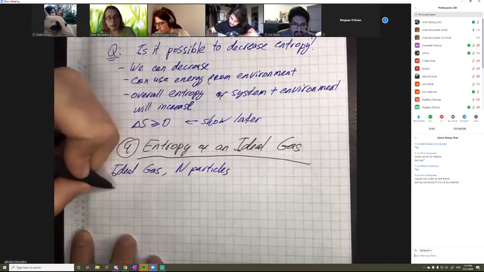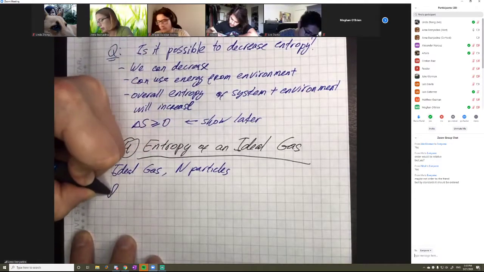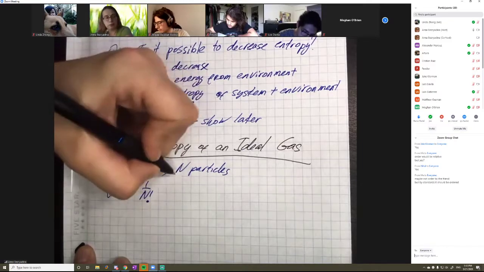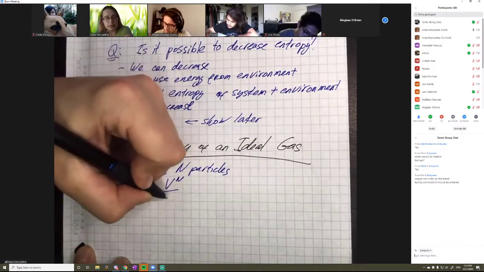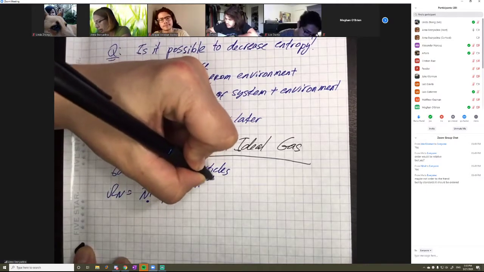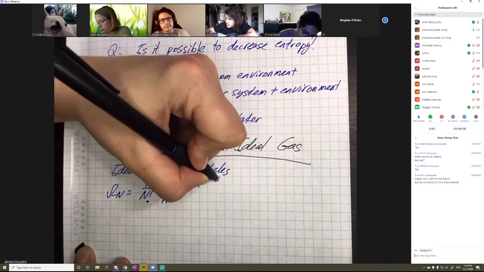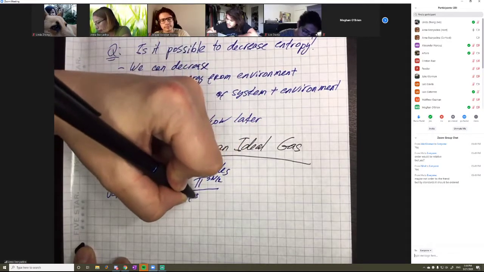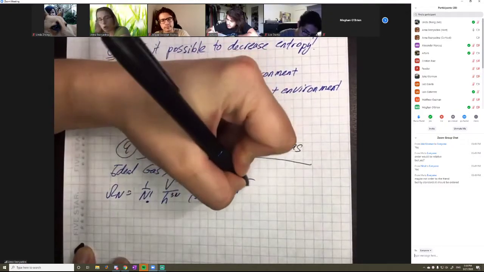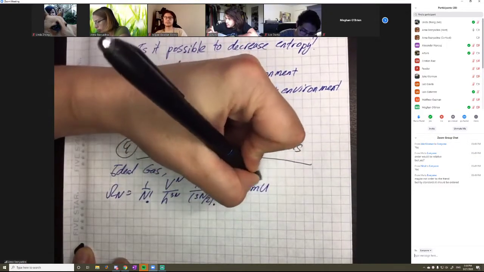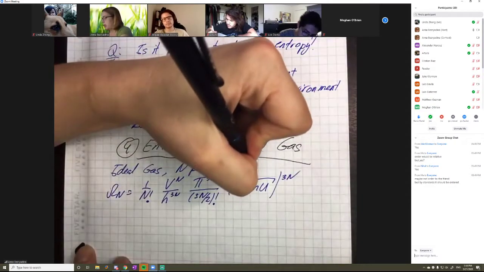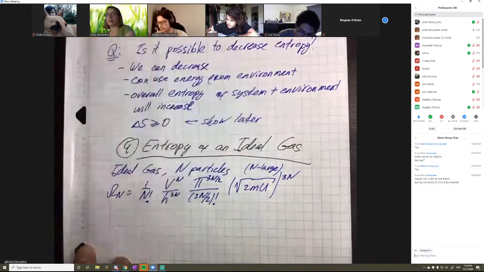And in this case, the multiplicity is equal to 1 over n factorial, V to the power of n divided by h to the power of 3n, pi to the power of 3n over 2, divided by 3n over 2 factorial, times square root of 2mU to the power of 3n. And here n is large, just in case.